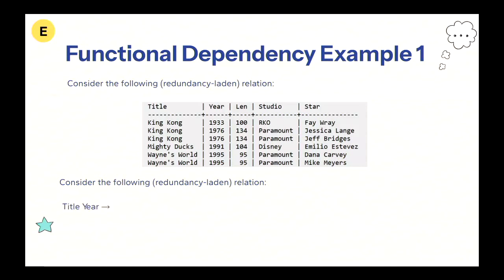Once we have fixed title and year, what else is determined? Let's say for two tuples, if their title and year are the same, what other attributes would also be the same here in this table?